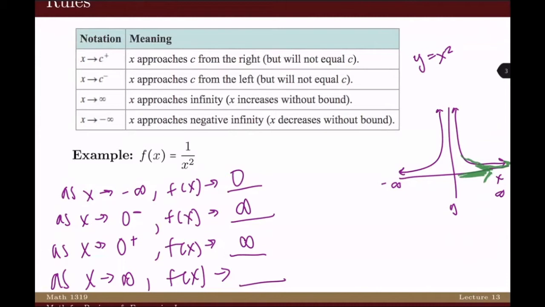So again, it's kind of the same story as with this side. We are approaching 0, our value of our function. So as x is going to infinity, y, or f of x, is going towards 0. Do you see? Because it won't cross this x-axis.